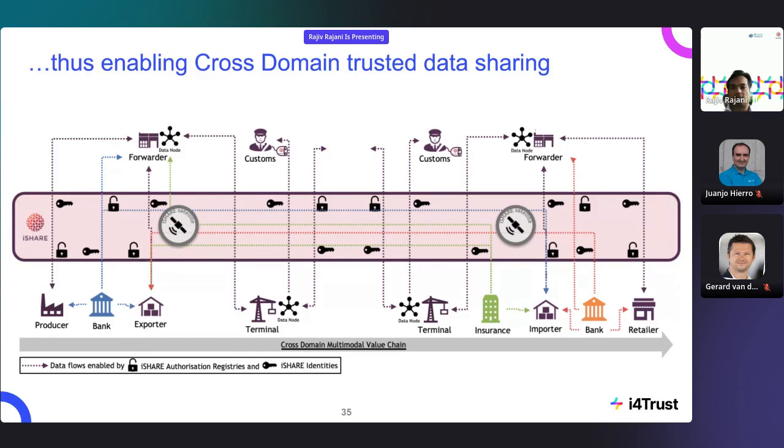Similar examples have already been successfully done in the previous round of the open call, and we expect now in the second round to repeat the success in different use cases that we will be supporting, basically. But here the example is about the cross domain multimodal value chain, where interaction between, as you can see, different sectors which are part of the value chain is enabled in a trusted manner.